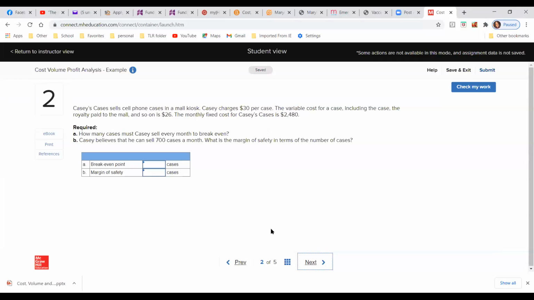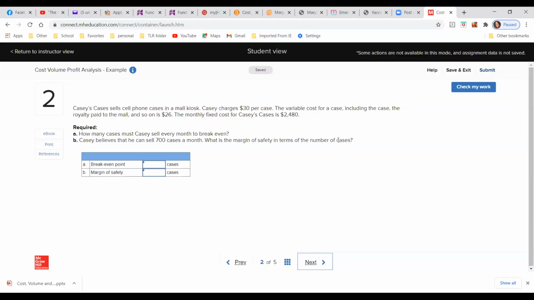The monthly fixed cost for Casey's Cases is $2,480. So the question's asking us, how many units must Casey sell every month to break even? Casey believes that he can sell 700 cases in a month. What is the margin of safety in terms of number of cases?